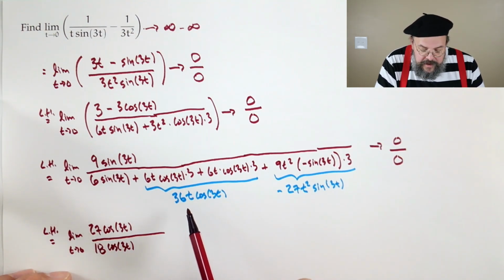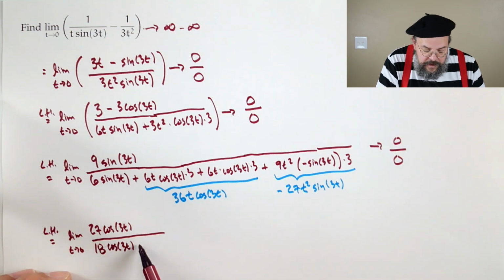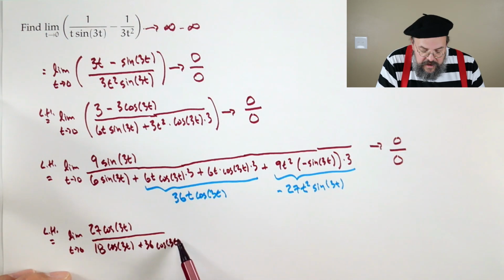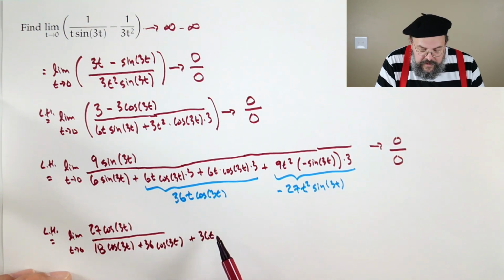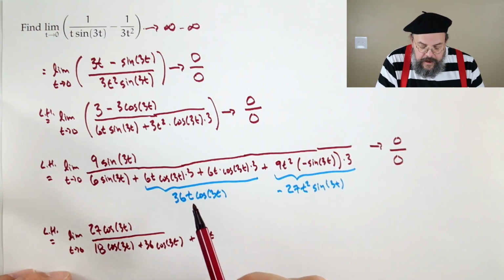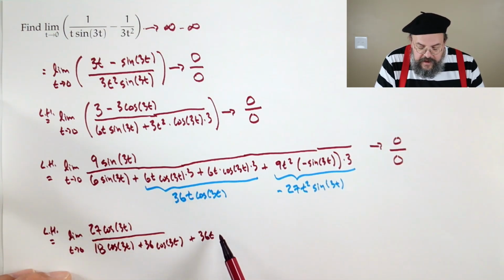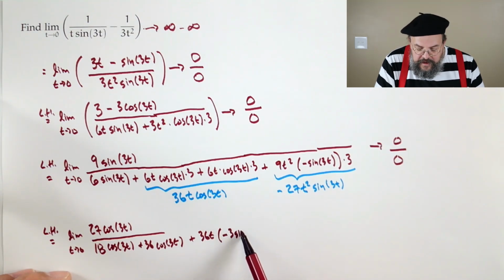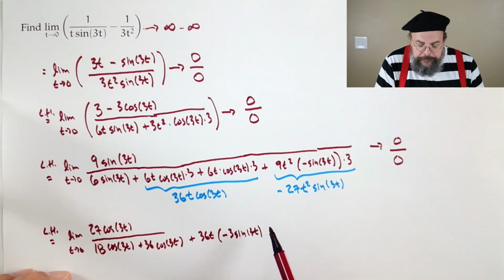Then there's 36t cosine 3t, so the derivative of the first, that's 36 cosine of 3t, plus the first times the derivative of the second, so 36t, then negative 3 sine of 3t.